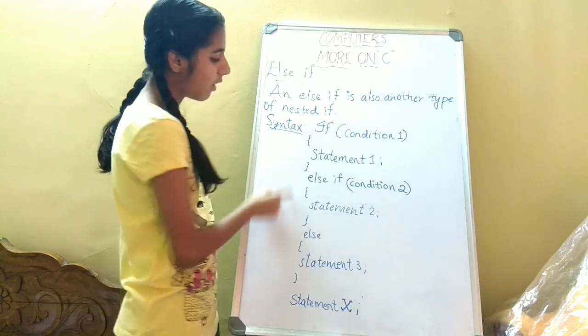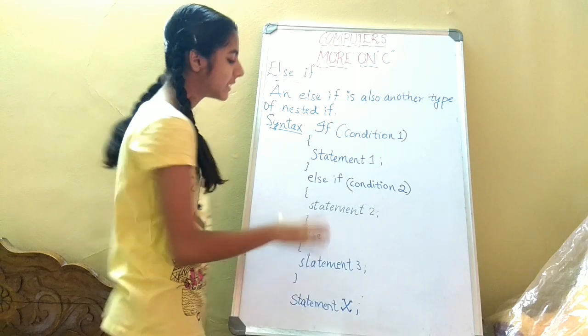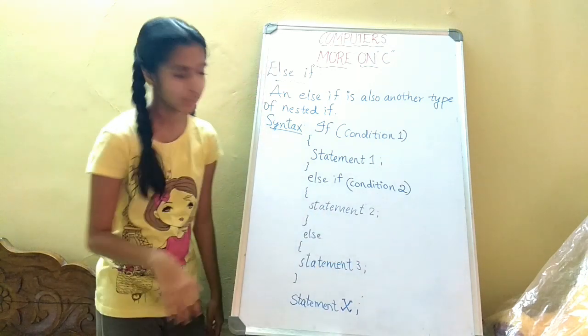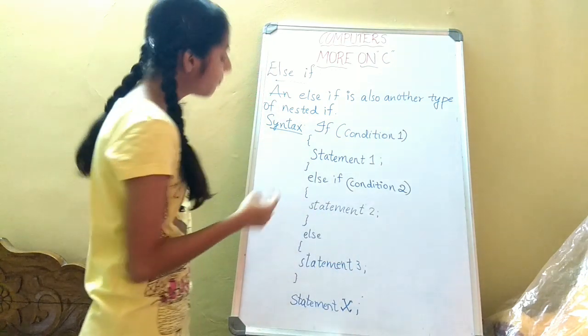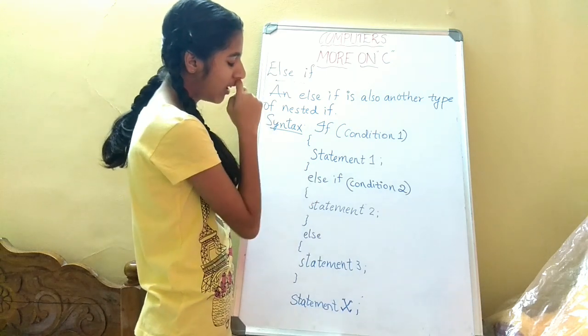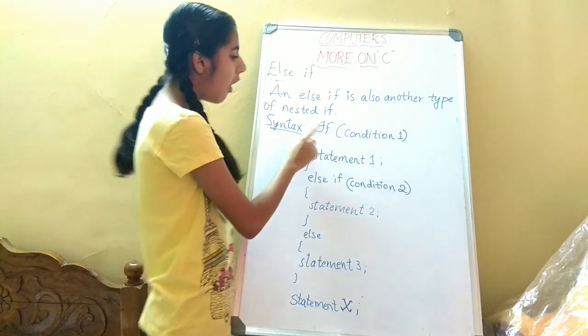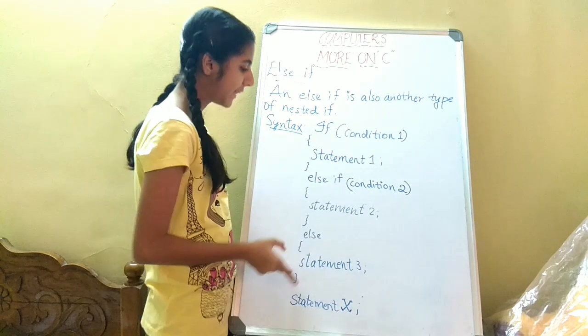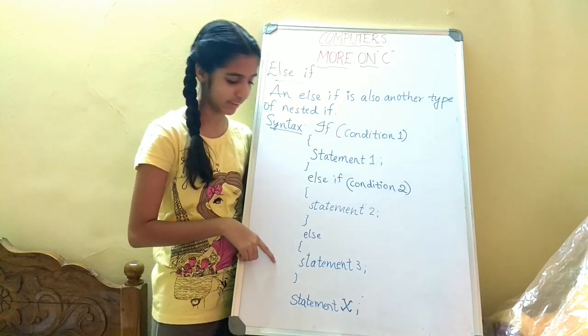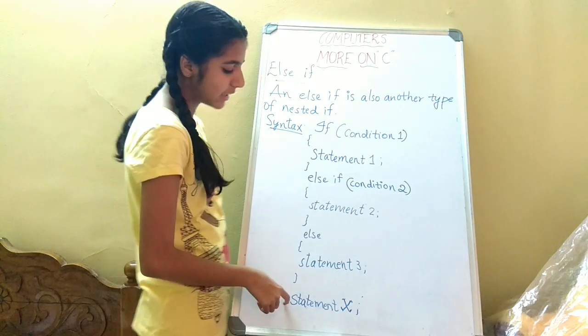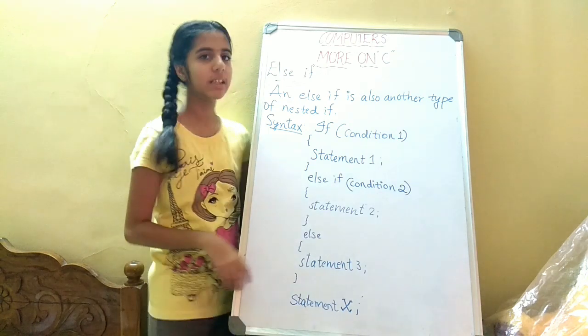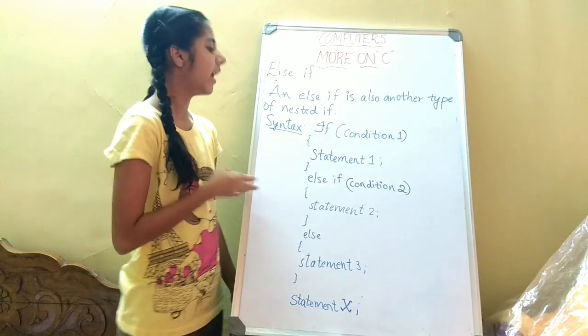If condition 1 is false and condition 2 is true, then statement 2 will execute. If condition 1 is false and condition 2 is also false, then statement 3 will execute. And next, statement X will execute. This is the process of else if.